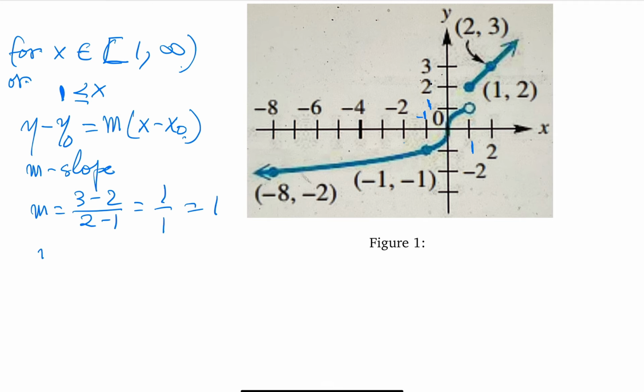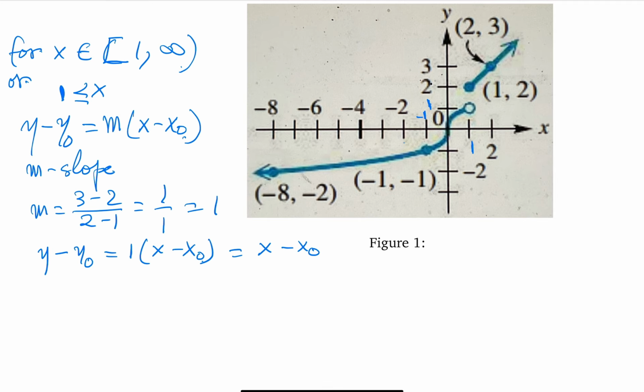So now we will have y minus y naught is equal to 1 times x minus x naught. Or since it's just 1 here, you can just write x minus x naught. Everybody get it? Good. You can choose either point, it's fine.